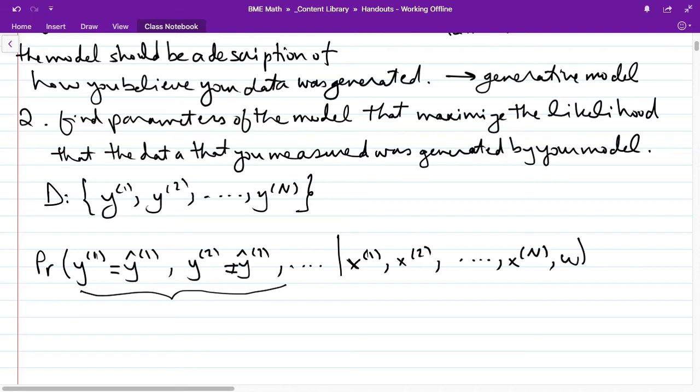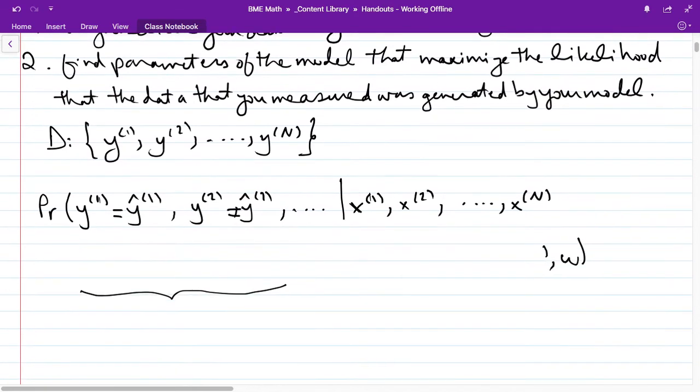You saw some data, you measured some data. You want to find the parameter W that maximizes the likelihood of having seen that data. And of course this requires a conditional probability. And we have that.